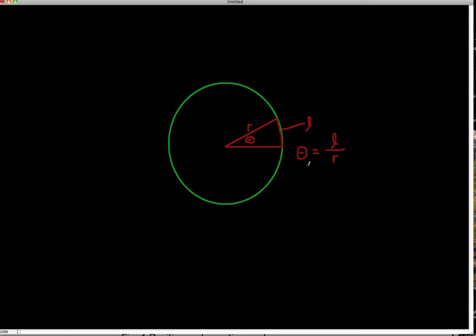And if we look at the angle of the entire circle, we go around the entire circle like that, okay?